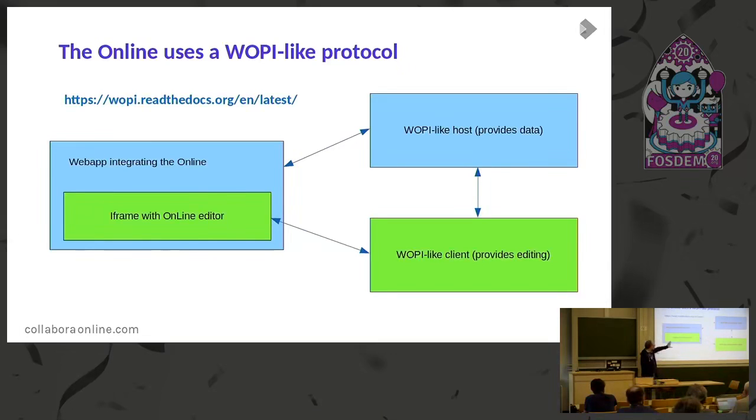So these communication channels are bidirectional, naturally, which means when you set up, you need to make sure that your browser can see the WOPI-like client and vice versa, and also with the web application, and also those two servers have to see each other all the time.